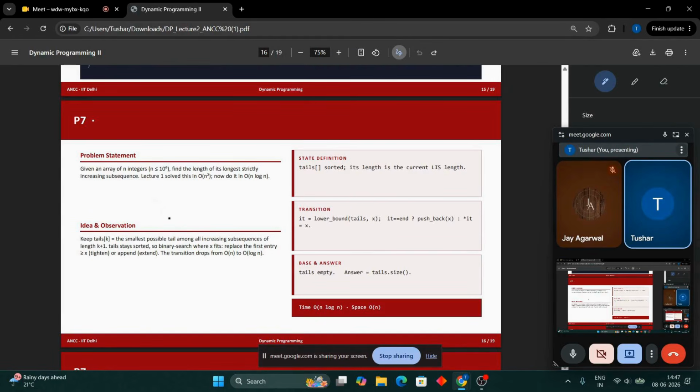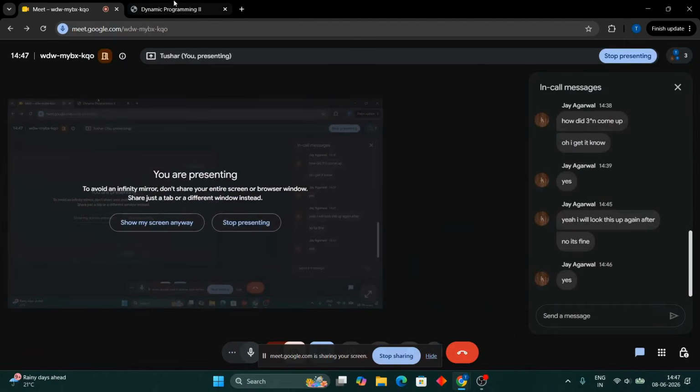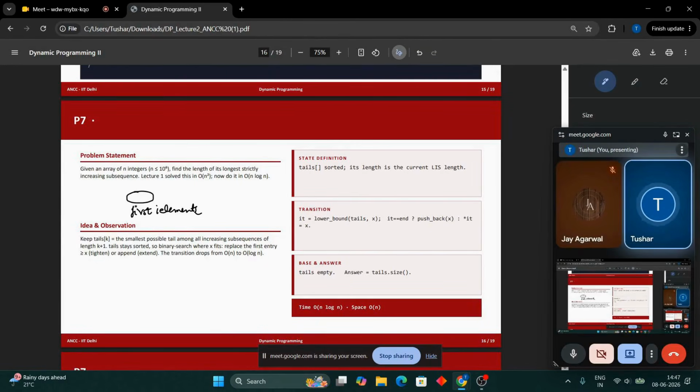Now the main idea is that when we have processed the first i elements, among all the increasing subsequences of length j, we only care about the subsequence with the least last element.